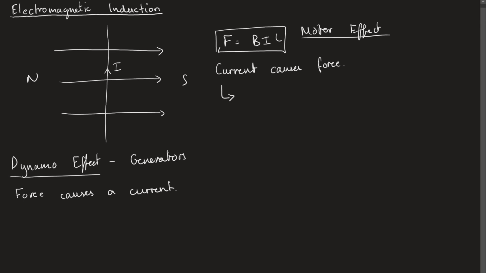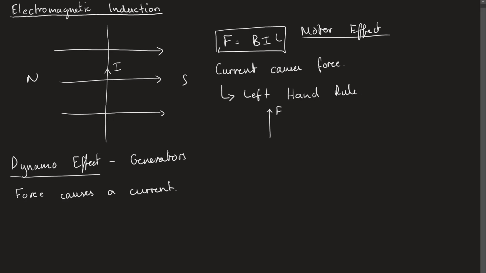Now what I'm saying is that because they are opposites, for this motor effect, we said that the complication comes in when we have to introduce this idea of vectors. We said this makes a left-handed system because we used the left-hand rule to decide which direction everything was in. So for the left-hand rule, if I have a force acting upwards, that would be your thumb, right?